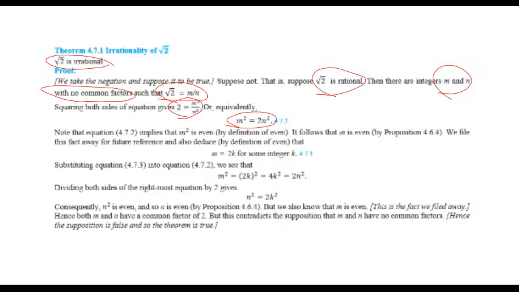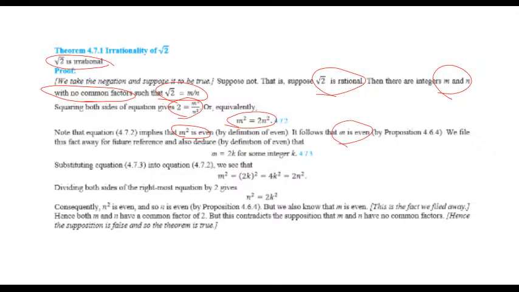And since m squared is 2 times another integer, which is n squared, m squared is even. And based on the proposition 4.6.4 that I just proved, we can conclude that m is also even, right?